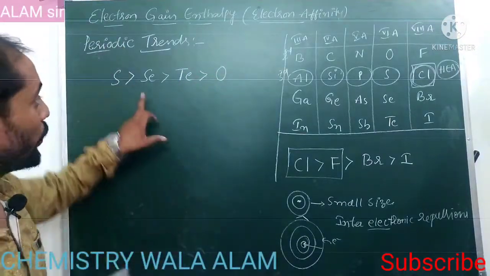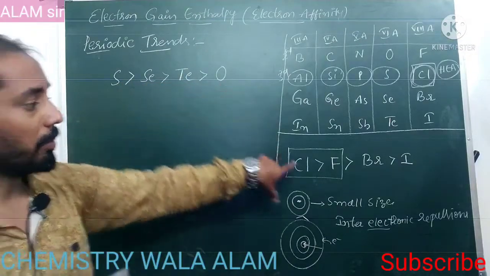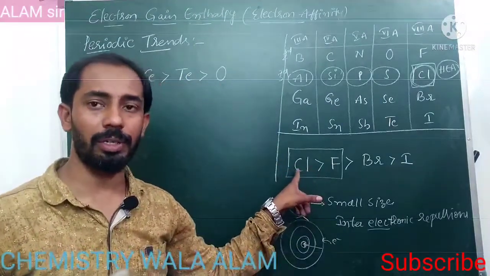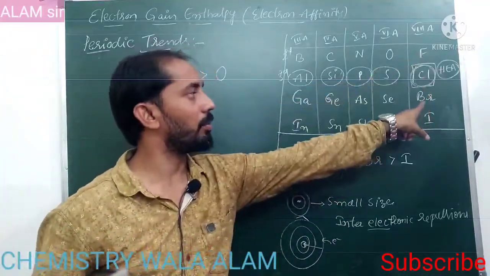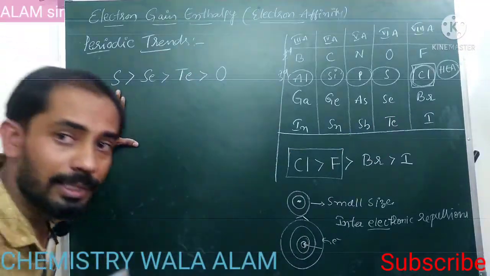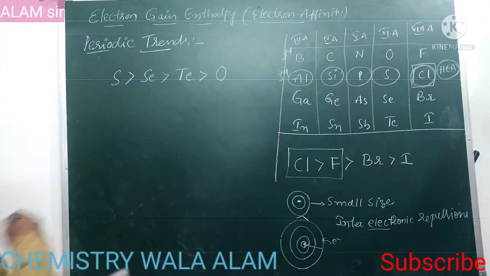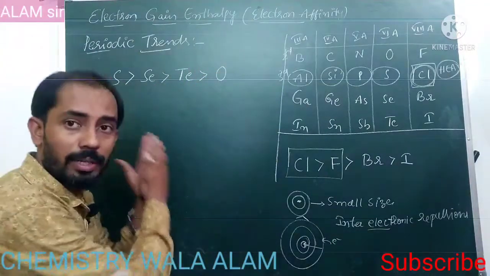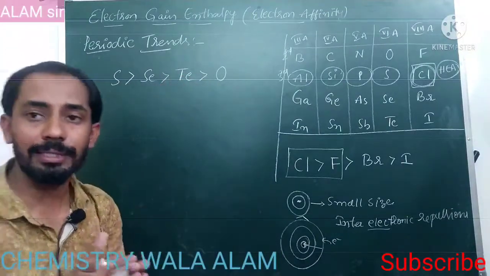Sir, here why is the second period written last, but in the 7th group you have written chlorine first and then fluorine? In the case of the 6th group elements, the order is first sulfur, then selenium, tellurium, oxygen.